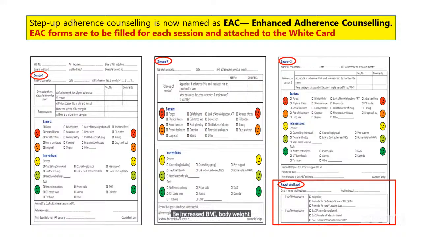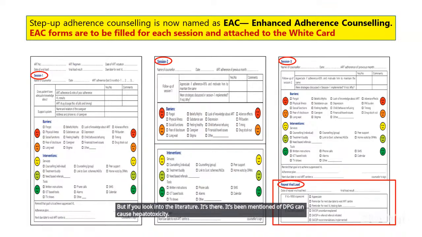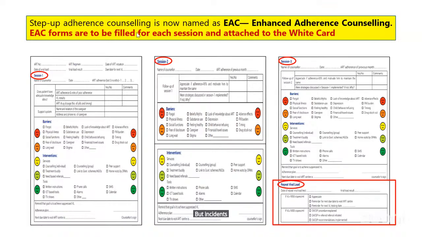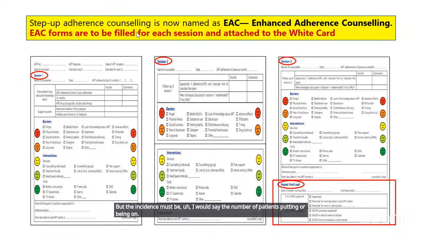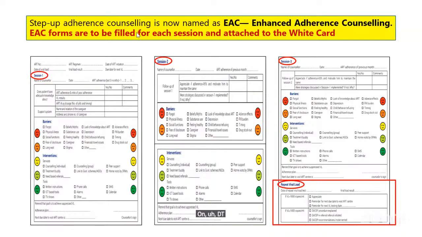But if you look into the literature, it's been mentioned that DTG can cause hepatotoxicity. But considering the number of patients on DTG, I would say the incidence is low.